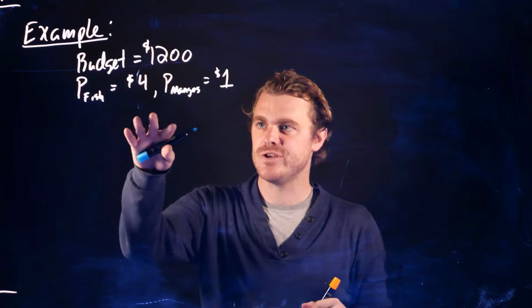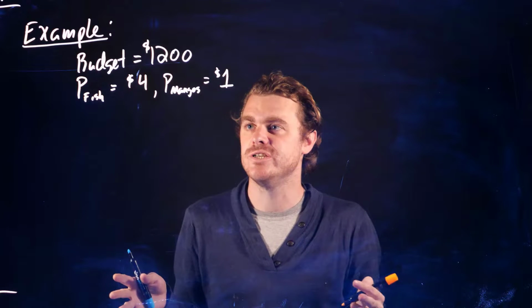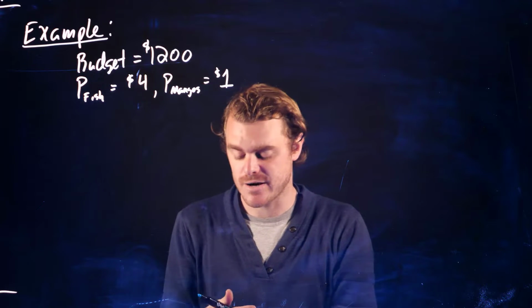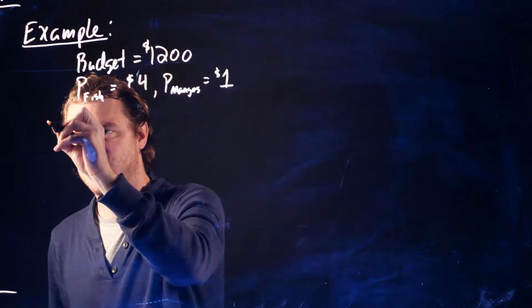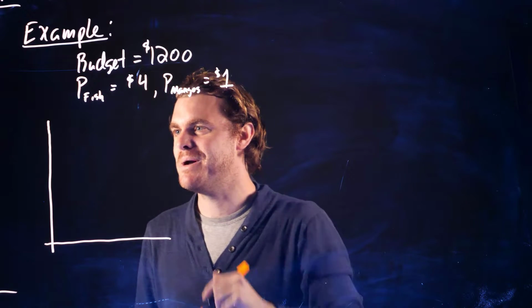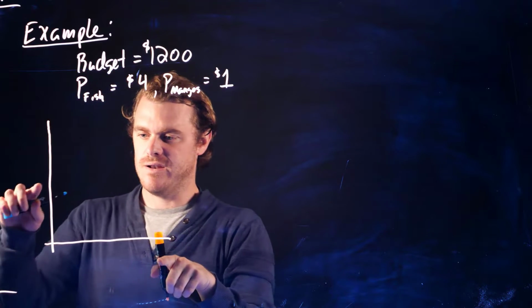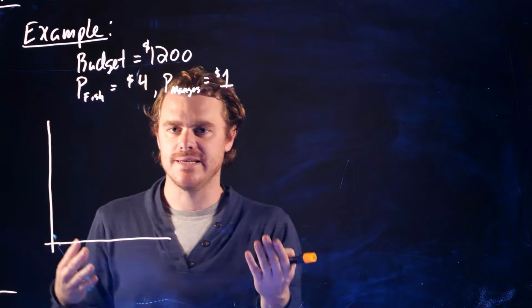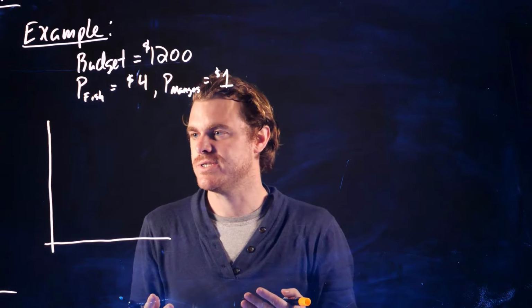Well, with this information, we can draw out all the different combinations of mangoes and fish that Alex could afford if he spent his entire budget. And again, this is not going to be to scale since that's definitely not my specialty. So here's our Cartesian plane. And on the two axes are going to be the quantities of these different goods that we're purchasing.